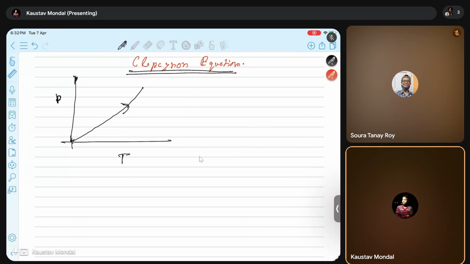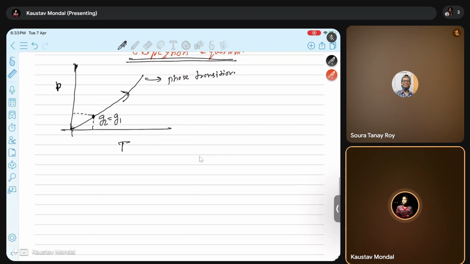At this point G2 is equal to G1. This is the phase transition line. At any point on this line where two phases coexist, the Gibbs free energy of phase 1 should be equal to the Gibbs free energy of phase 2.